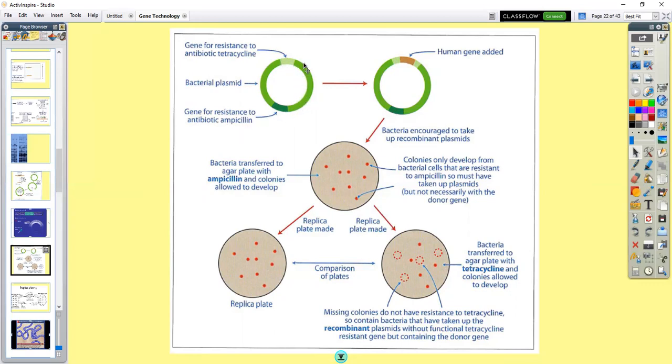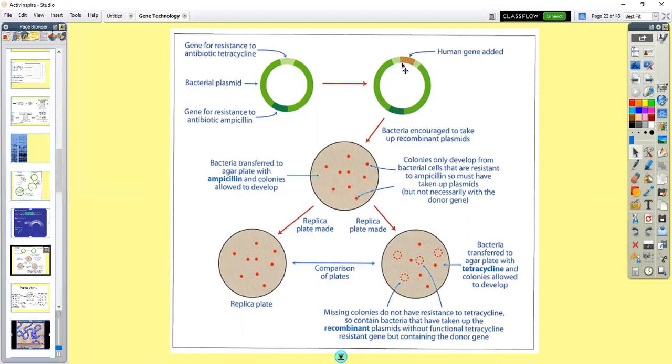Any bacteria containing these plasmids would not be killed off by ampicillin or tetracycline. Now if we put our human gene or desired gene in between, in this case, the tetracycline resistant gene, that switches off the resistance to tetracycline. So anything with this plasmid would be resistant to ampicillin, but not resistant to tetracycline.